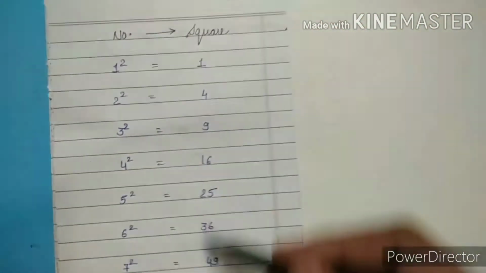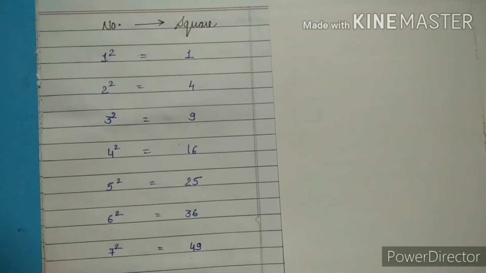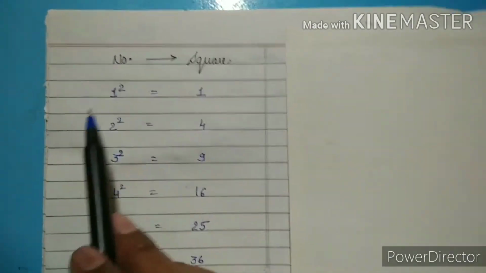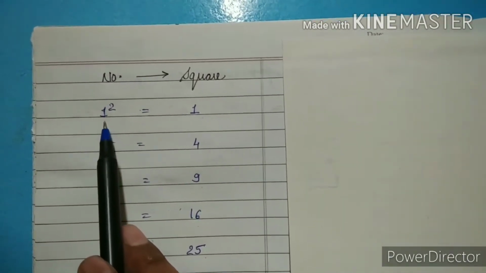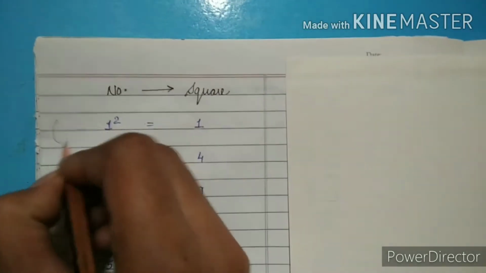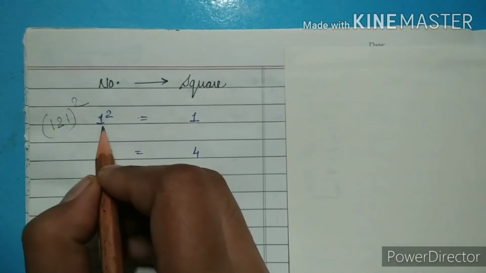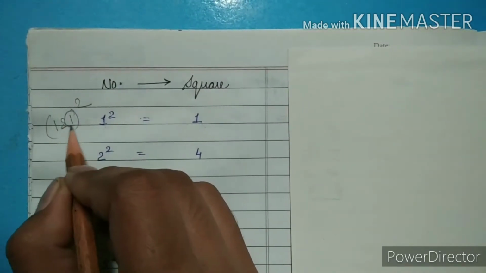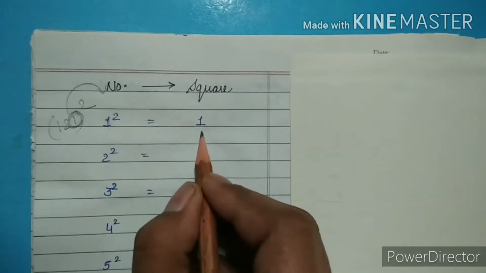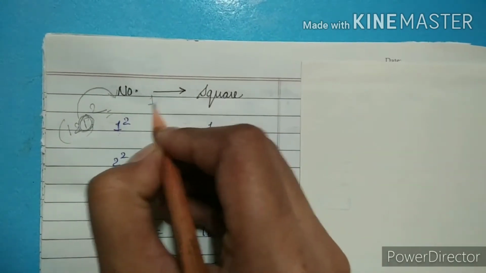All of these follow the same unit digit place value. It means whenever we see a number having unit digit 1 and we take its square, for example 1 square or 11 square, the unit digit of the answer will come as 1.